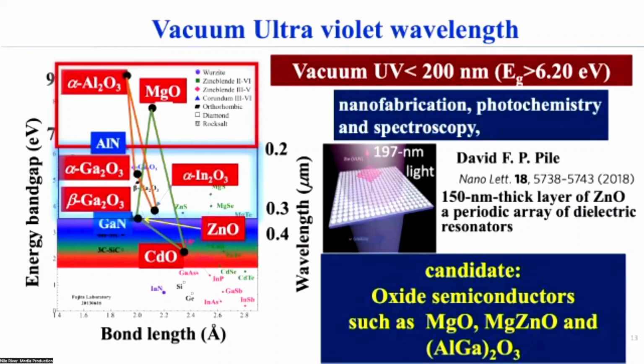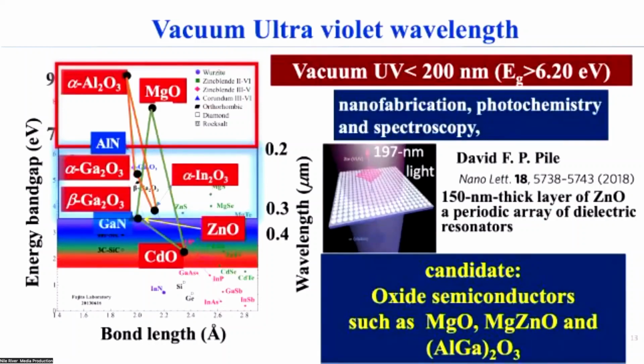And next is vacuum ultraviolet wavelengths of less than 200 nanometer. As you know, the company ASML, a big company, succeeded in the development of EUV. And the candidate materials are limited to oxides, not nitrides.